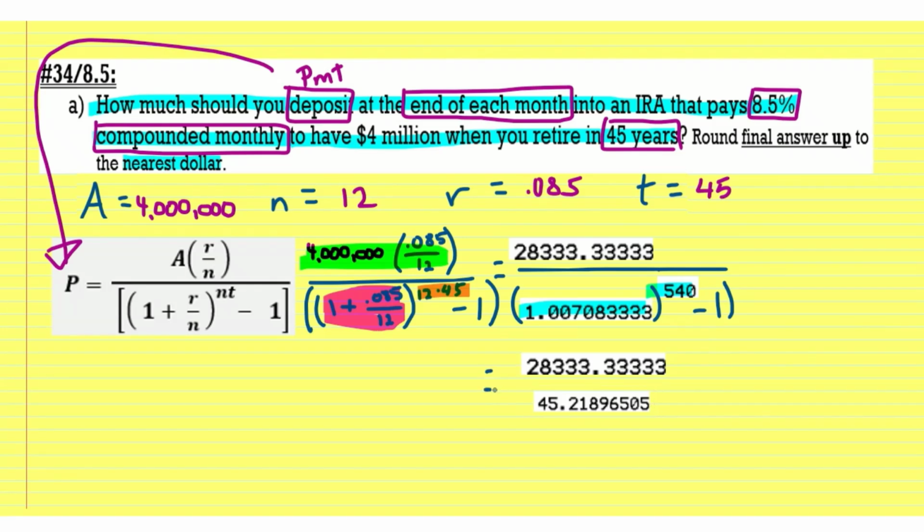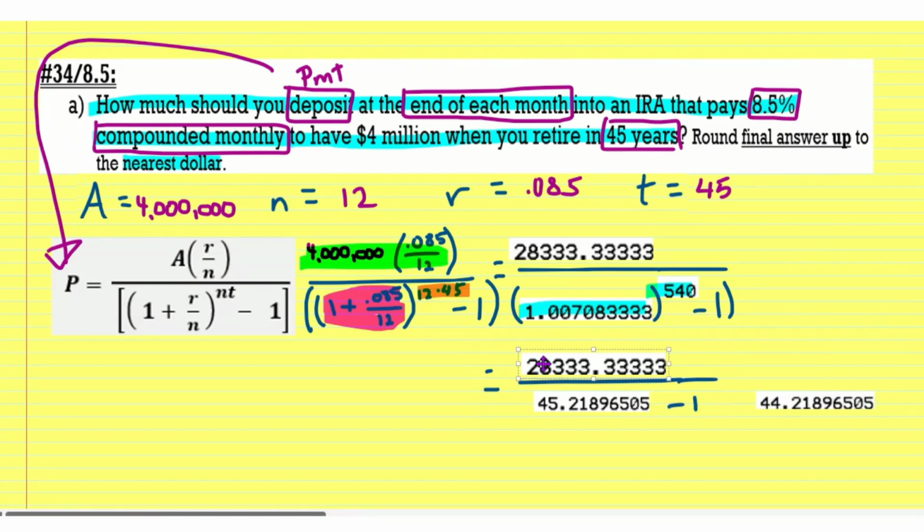This is what we have: there's my numerator, there's what's in parentheses raised to a power, still minus 1. So the final calculation would be subtracting 1 from that. And when I subtract 1 from that, well, that's going to give me 44.218965505. So I will end up with these two numbers in the numerator and denominator.